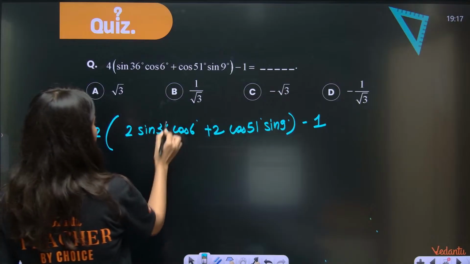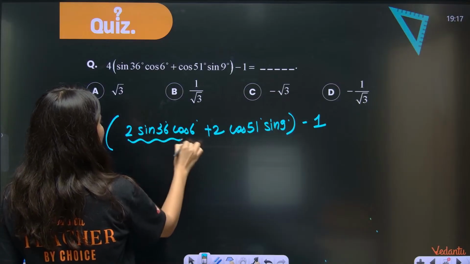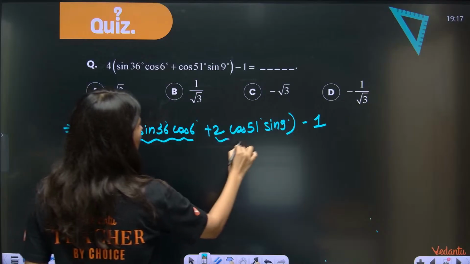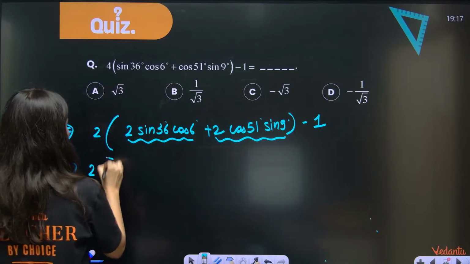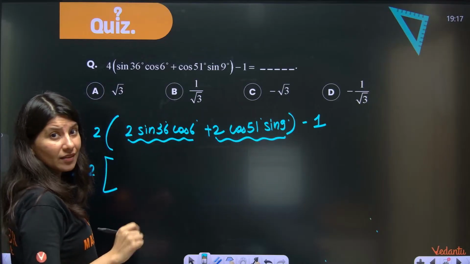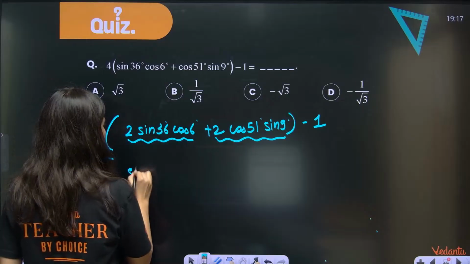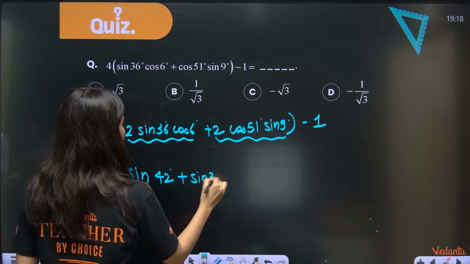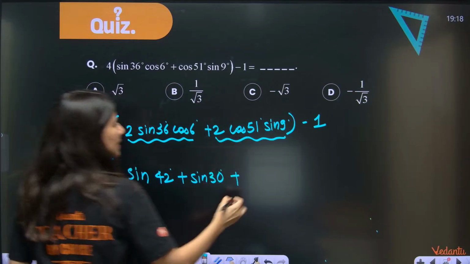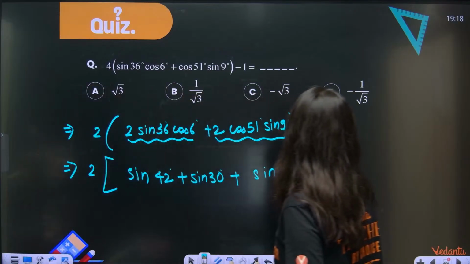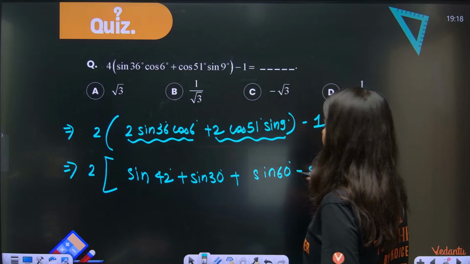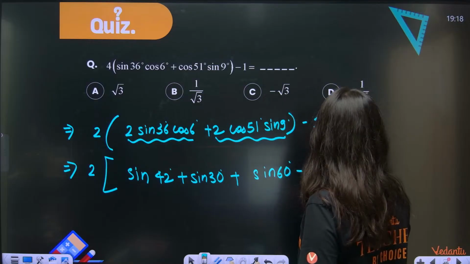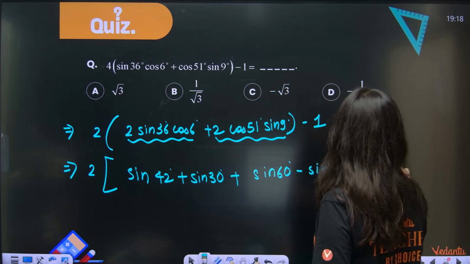Now, see what is happening. This is 2 sin A cos B. This is 2 cos A sin B. So 2 sin A cos B, the very first formula, which is sin(A plus B) plus sin(A minus B). Now 2 cos A sin B, sin(A plus B) minus sin(A minus B).